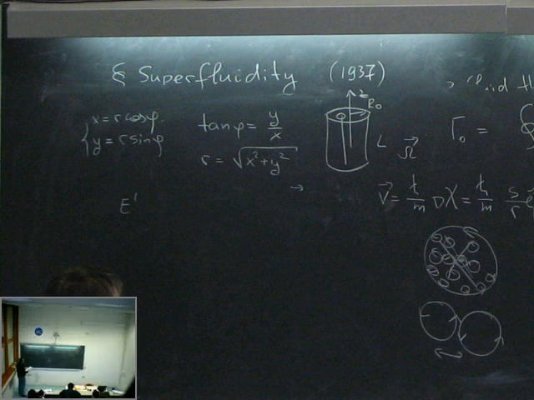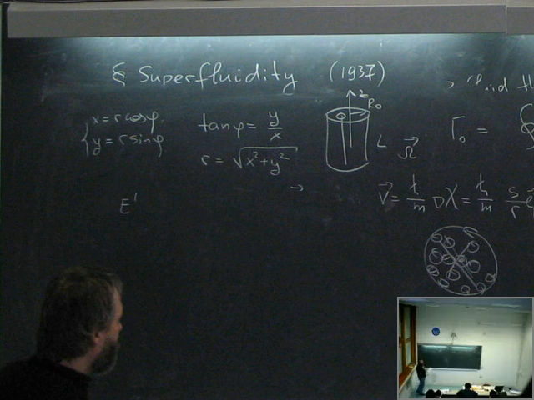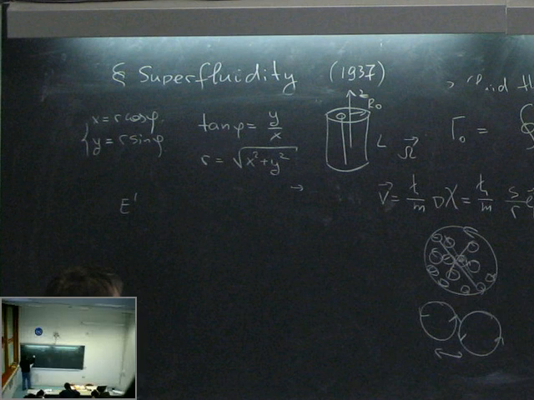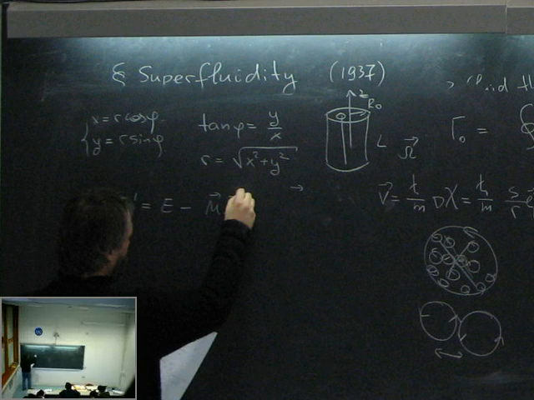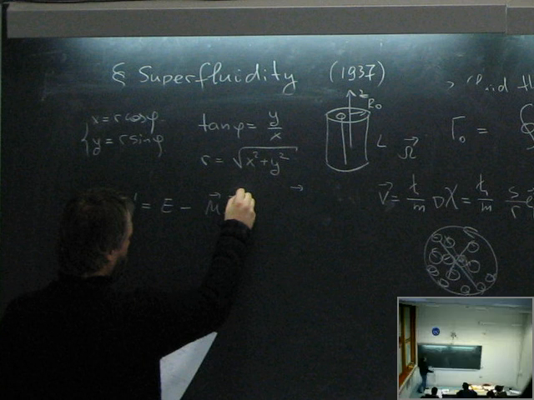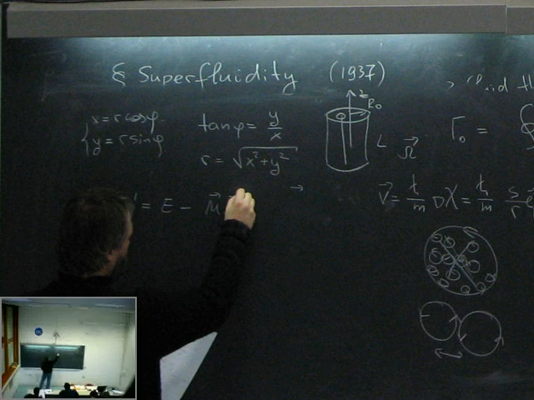Here we are talking about a non-inertial coordinate system, because we're coming out from the rotating frame to the laboratory frame. So the energy is equal to E minus m omega, where m is the inertial momentum, so omega is directed along the z direction, and m has also the z direction.